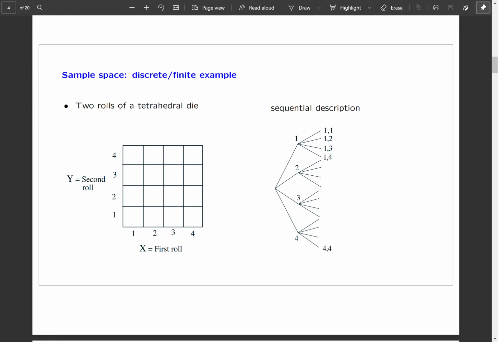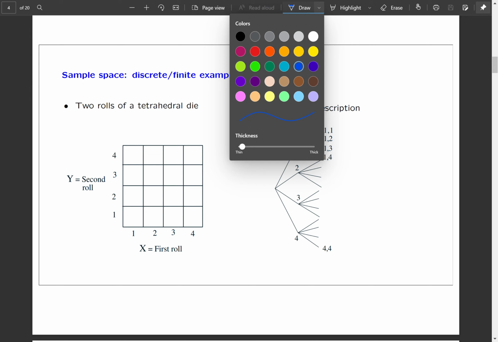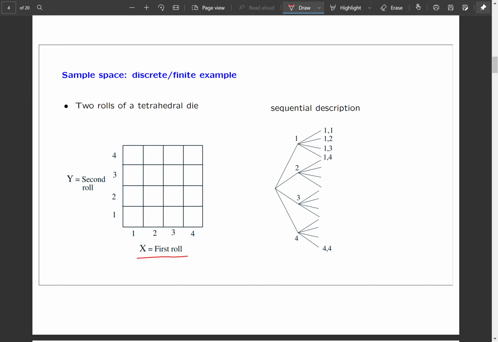Now we have a pair of numbers. We'll put the first number on the x-axis and the second number on the y-axis.